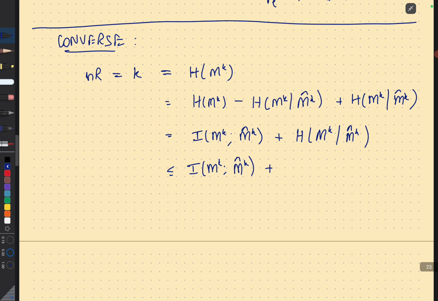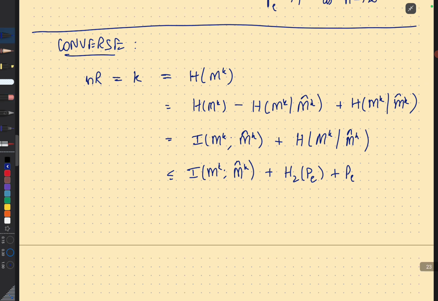The conditional entropy of X given X hat is less than or equal to the binary entropy of the probability of error plus the probability of error times the log of the cardinality of the input. The cardinality of M^k is basically 2 to the k. So log of 2 to the k is just k.